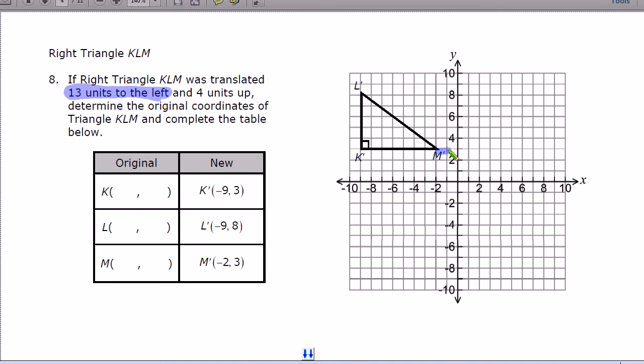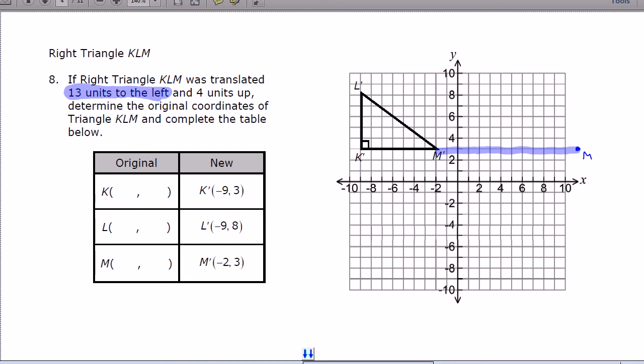So that's going to be 1, 2, 3, 4, 5, 6, 7, 8, 9, 10, 11, 12, whew, 13. Is that right? Let's count again. 1, 2, 3, 4, 5, 6, 7, 8, 9, 10, 11, 12, 13. Yep, it's sitting way over here. That's where M was.